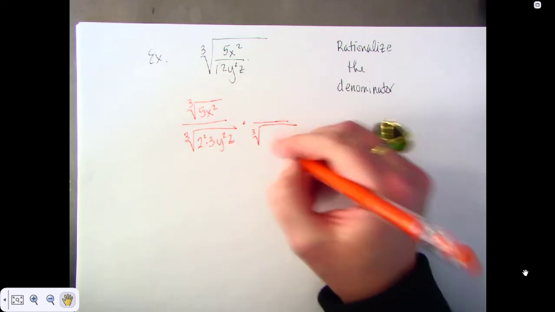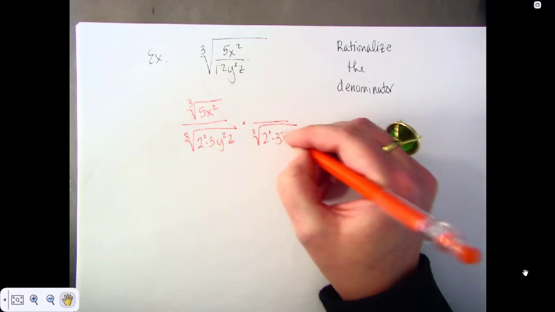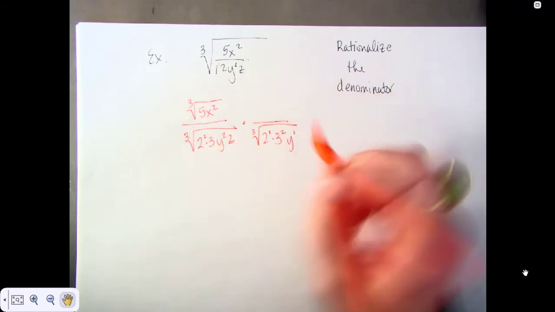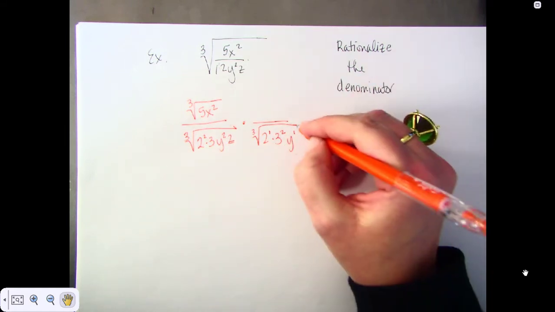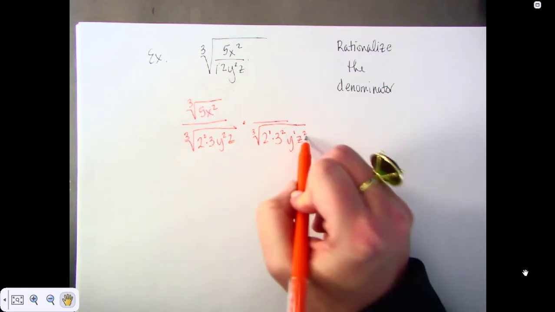So I'm going to do 2 to the first, because that would make a total of 3. 3 to the second, because that would make a total of 3. y to the first, because that would make a total of y to the third. And then z to the second, because 1 plus 2 is 3.